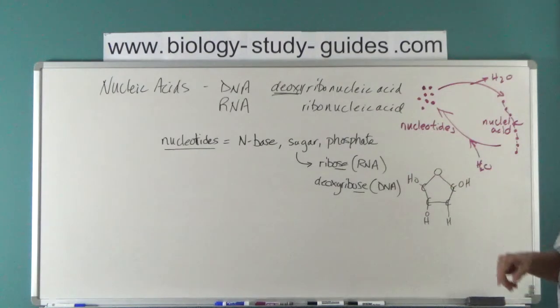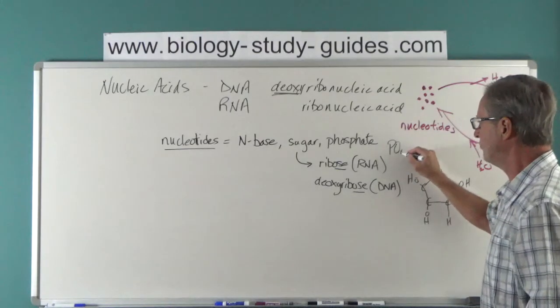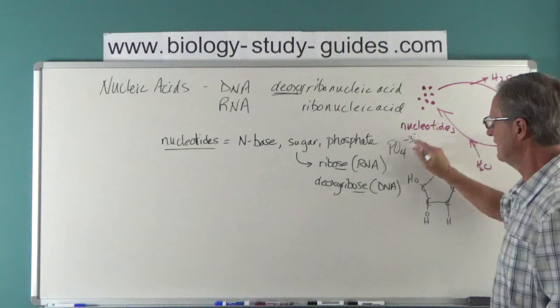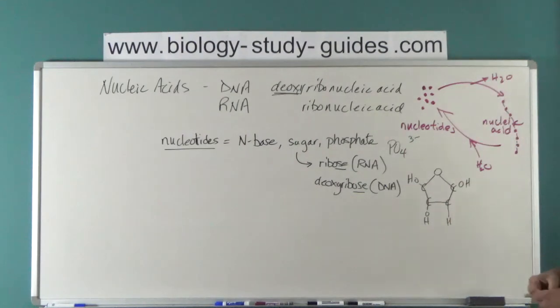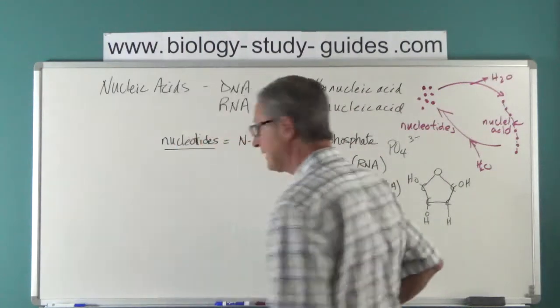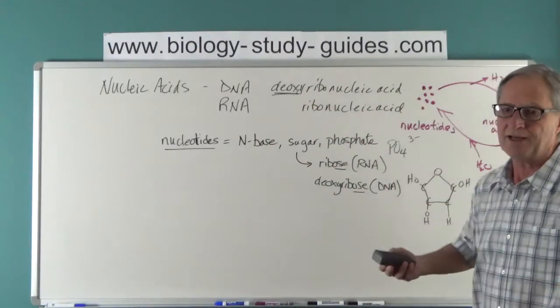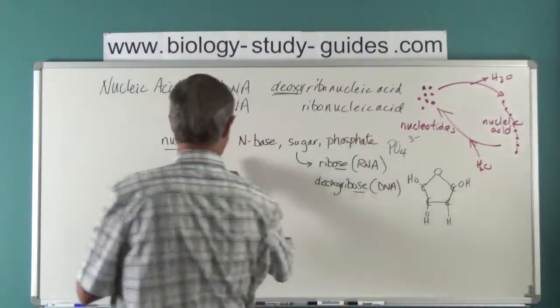The other thing we have to focus on: phosphate is just the PO4 phosphate ion, 3 minus. The nucleotide bases, these nitrogen-containing bases, I took the liberty of pre-drawing because it would have taken me some time to draw them, and you probably don't have to be able to draw them out completely.